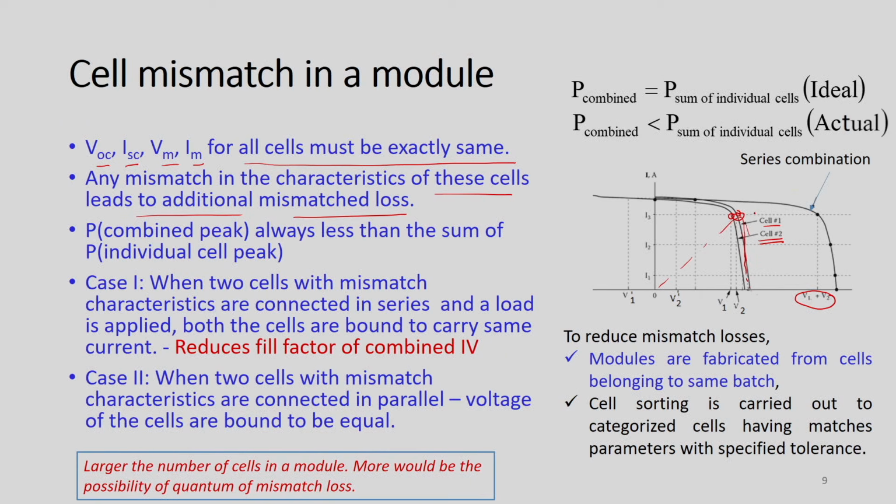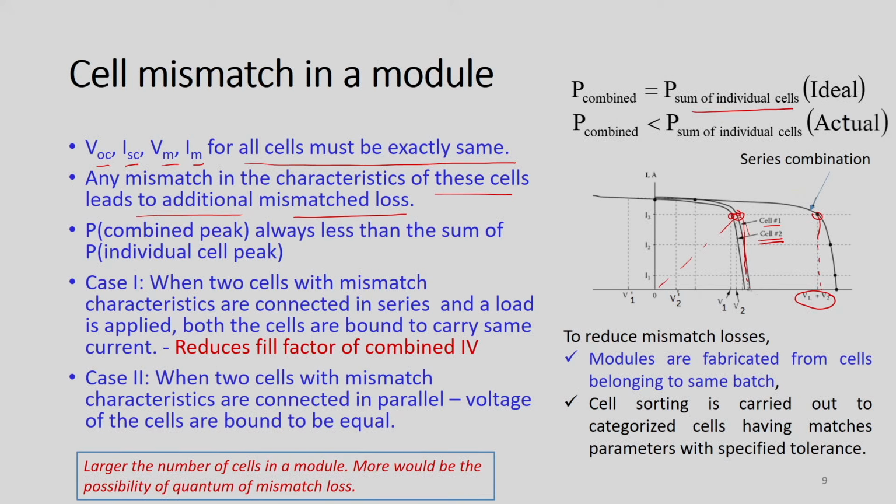In the ideal condition, this P combined has to be equal to the sum of the maximum powers of the individual cells. So the maximum power of the combined IV characteristic should be the same as the sum of the individual cells' maximum power. But this is not the case in an actual situation, because they have mismatch.